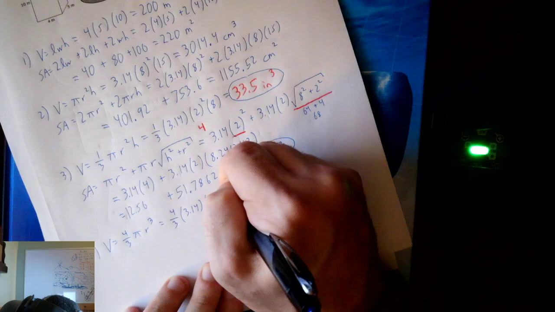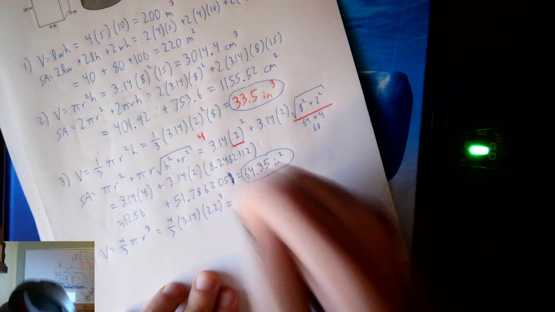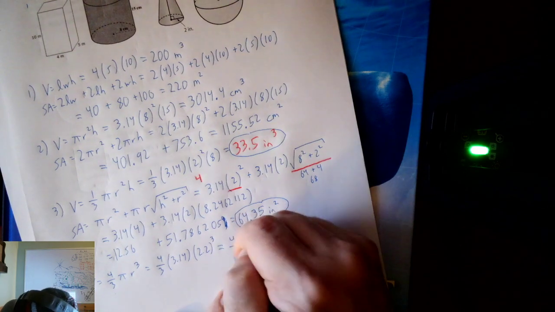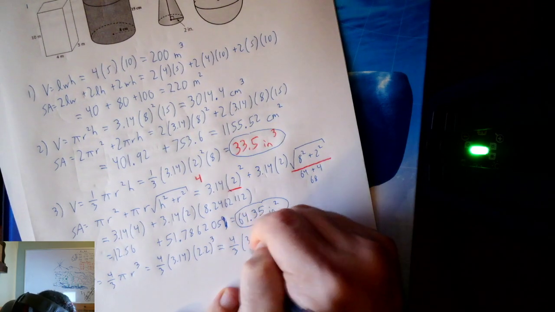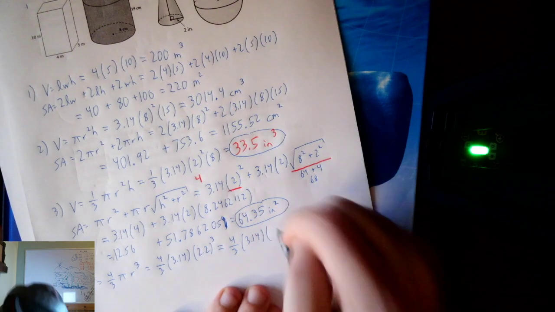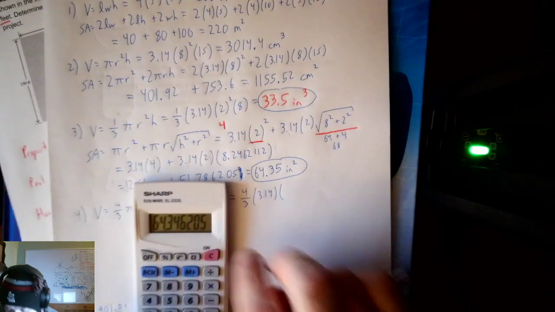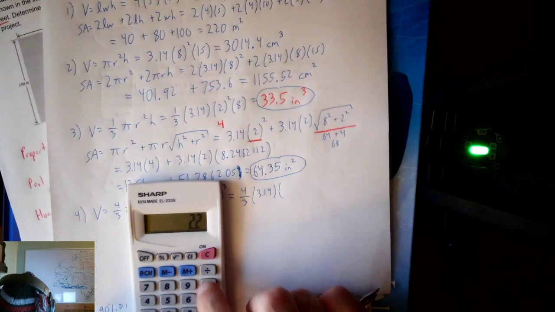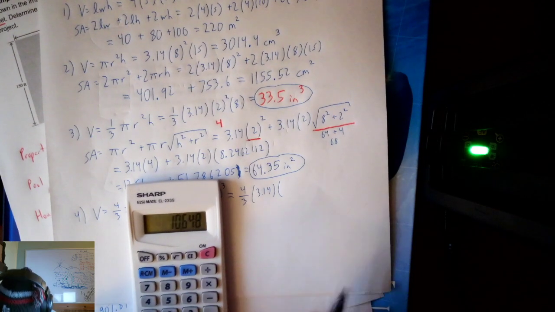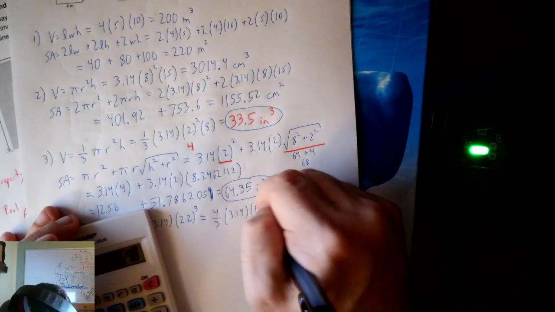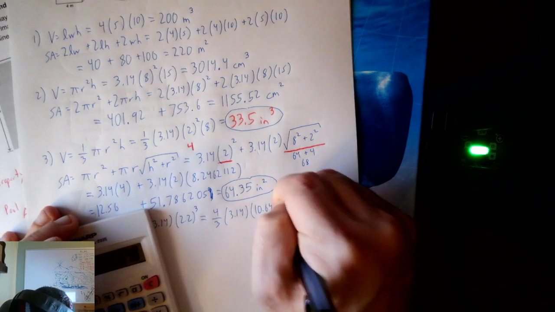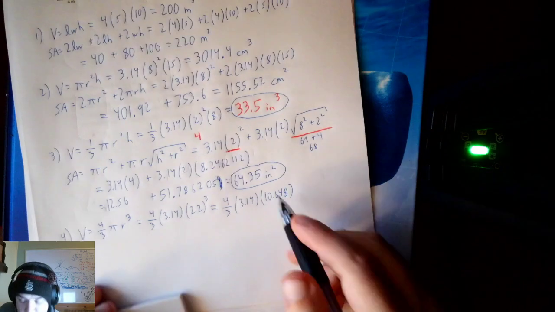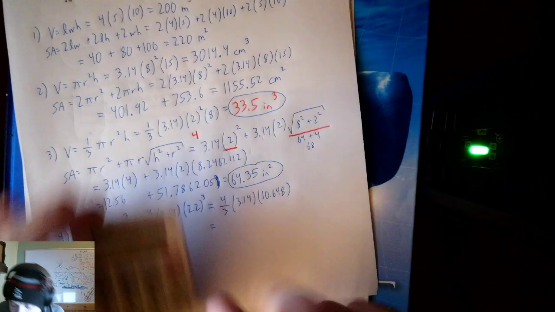The first thing I'm going to do is the cubed part. So I'll have 4/3 times pi times 2.2 cubed. That'll be 2.2 times 2.2 times 2.2, which gives me 10.648. Now I can multiply, right?